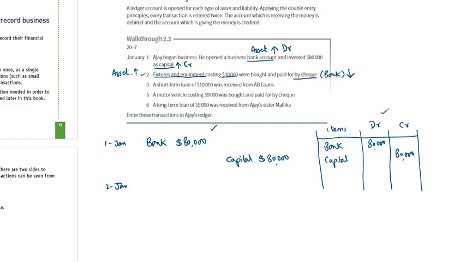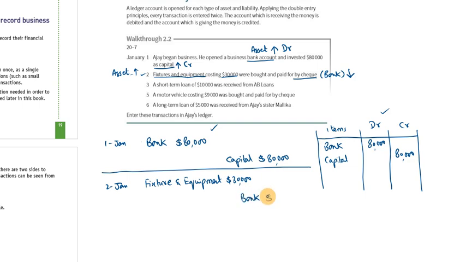So we can say this: fixture and equipment debit by $30,000 and bank credit by $30,000.